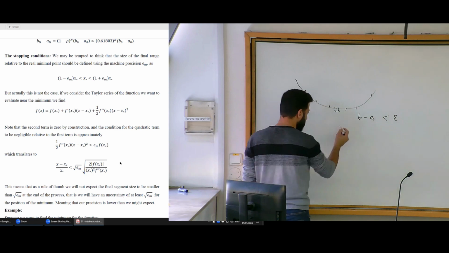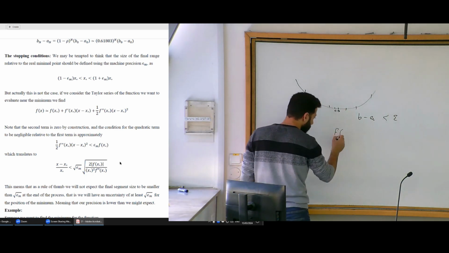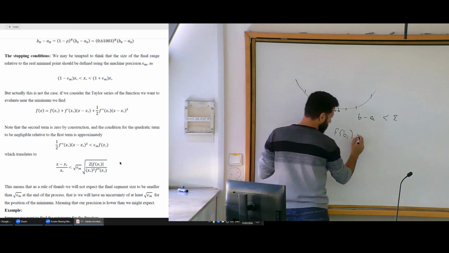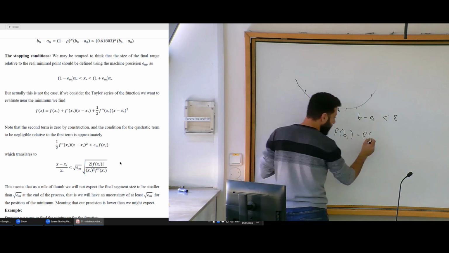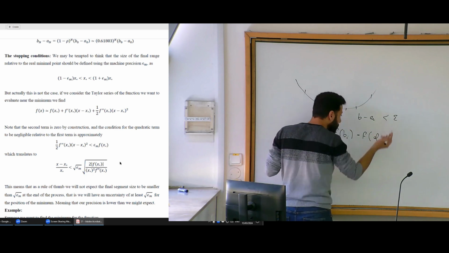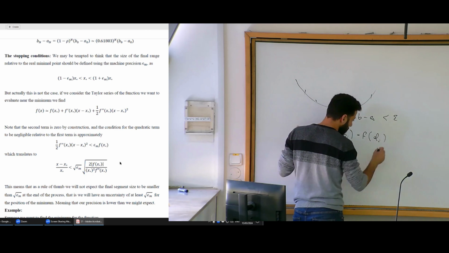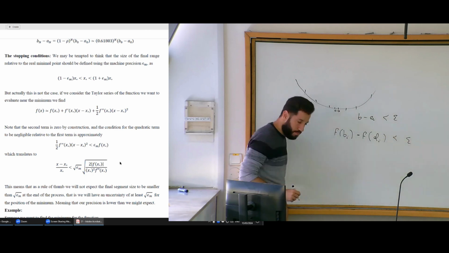Okay, I can ask that f of b_i in some iteration minus f of d_i, the point in between, is less than epsilon. Okay.